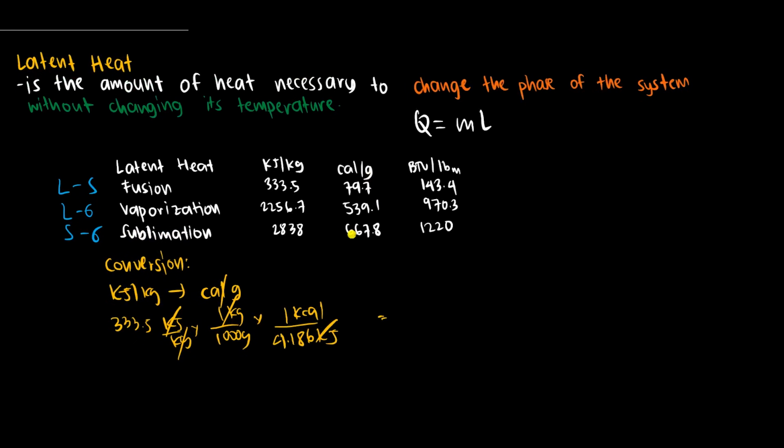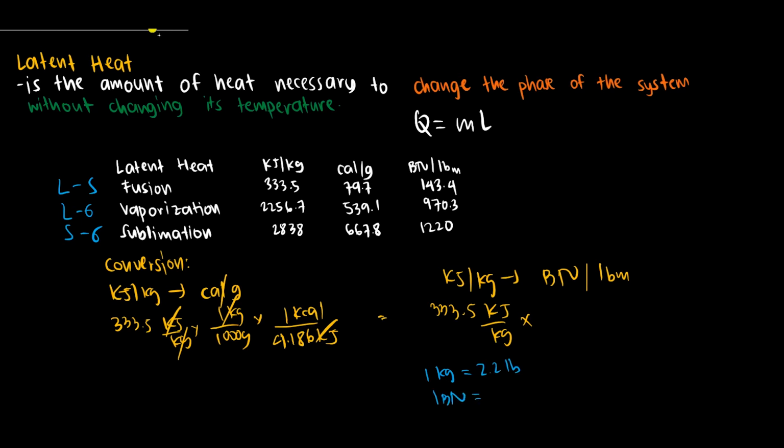So, if gusto ka og kilojoules per kilogram, convert nimo siya sa BTU per pound mass. So nakay 333.5 kilojoules per kilogram. Take note lang, ang imong 1 kilogram equal na siya sa 2.2 pounds. Ang imuhang 1 BTU is equal to 1054 joules.